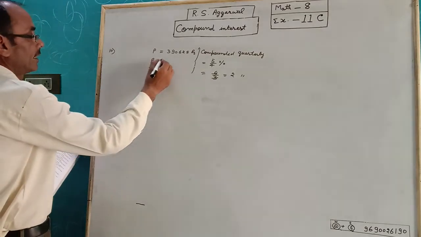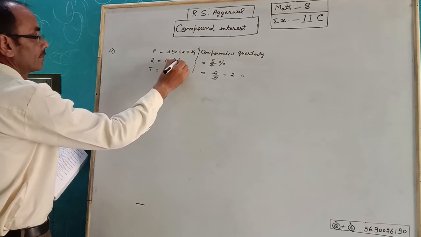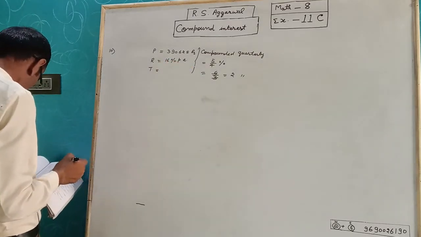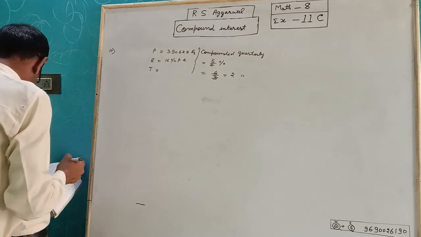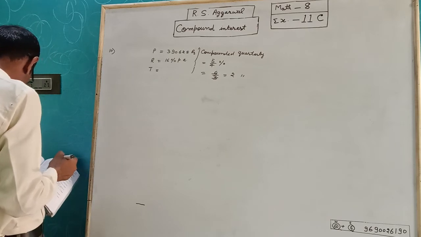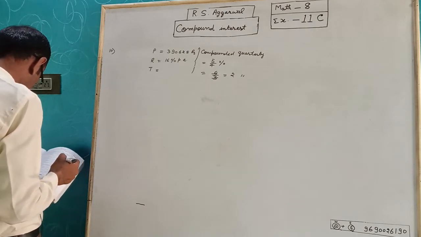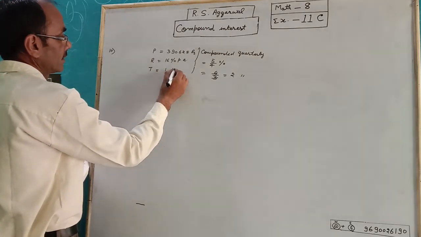Interest rate R is equal to 16 per annum compounded quarterly. What amount discharges his debt after 1 year? Time is equal to 1 year.